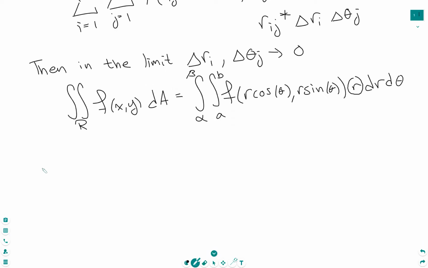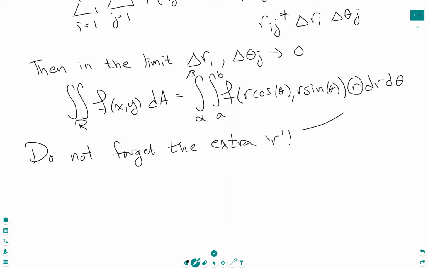So the reason why I'm pointing it out is because I do not want you to forget this. Do not forget that r. That r is supposed to be here. This is very important. So if you want to convert to polar coordinates and you do this double integral, you're going to have this extra r in your integrand.